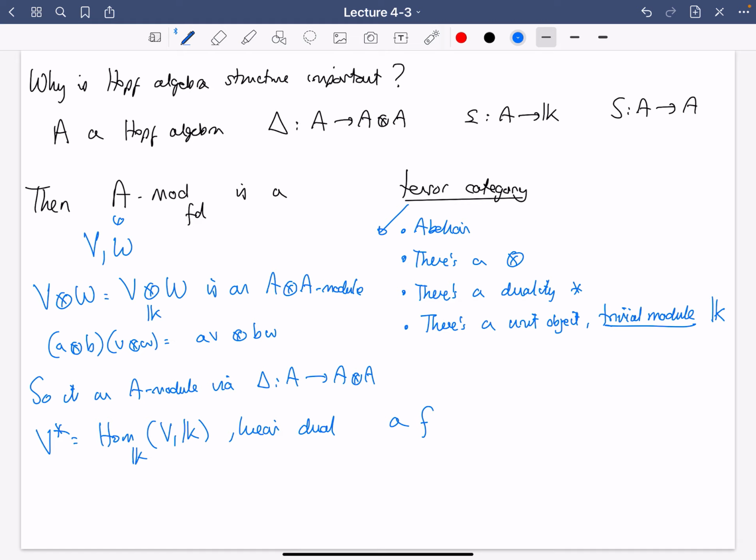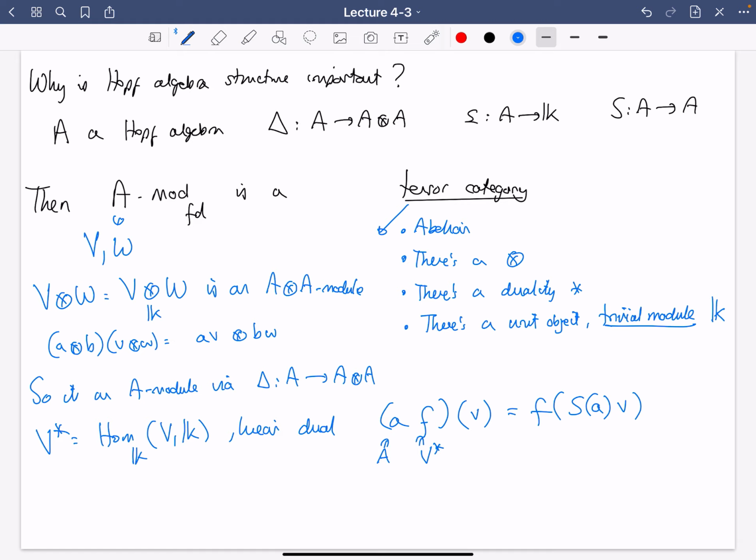If you have an f in V star and an a in A, you need to define that left action of A on f. To do that, I need to define what function it is on a vector v, and it's just f of the antipode of a applied to v. This, for me, is always the most convincing way to remember that the antipode should be an anti-homomorphism, so that this indeed turns a left module into a left module.